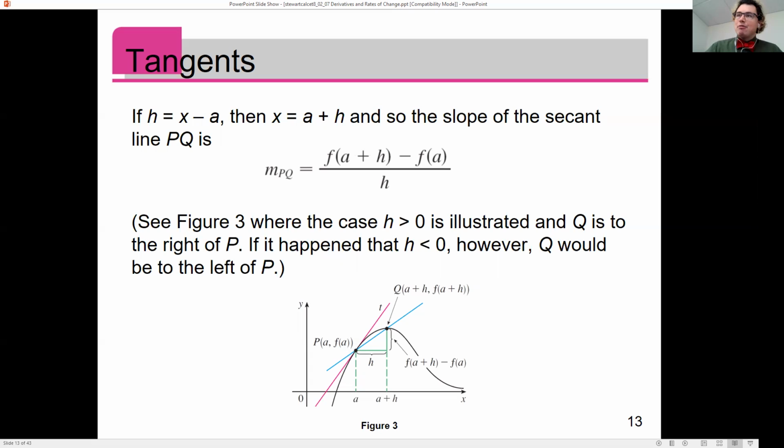Depending on the value of h, the slope that we calculate with the difference quotient may be more or less accurate. And the idea is that we get the correct value as we take the limit for h approaching 0.